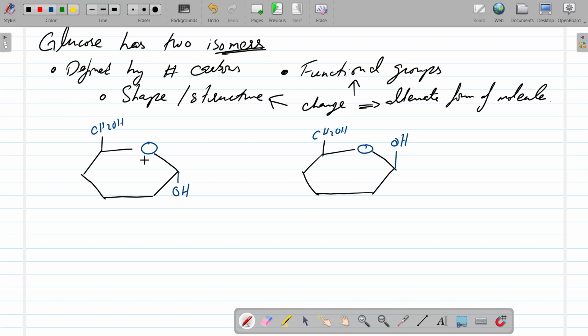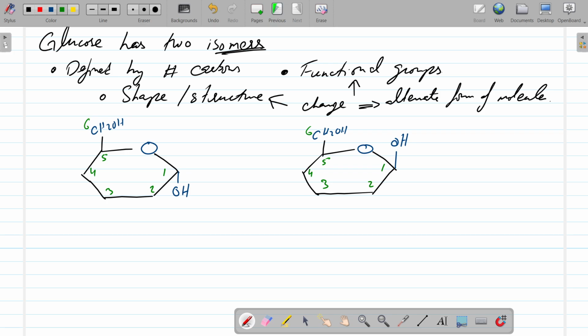And the numbering 1, 2, 3, 4, 5, and 6. Similarly, 1, 2, 3, 4, 5, and 6. So the position of the OH group on carbon number 1 is what will give you the isomer.